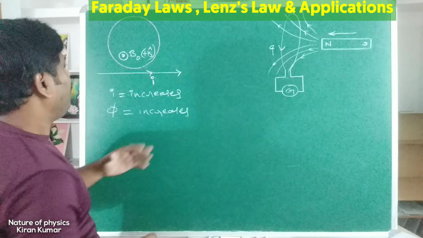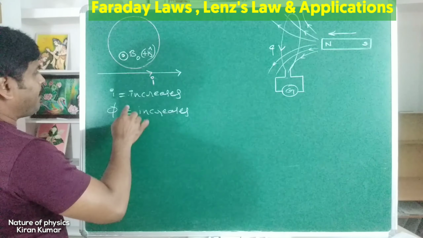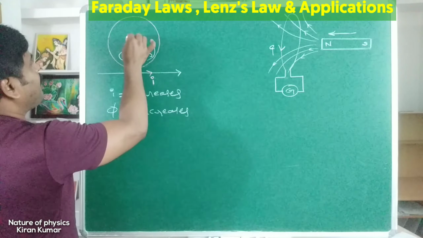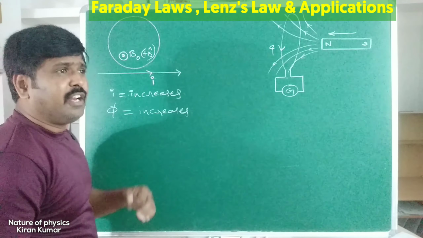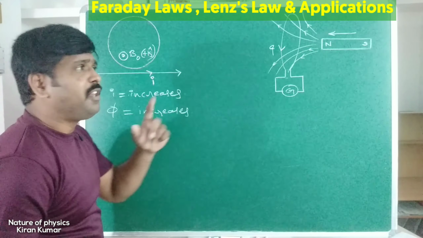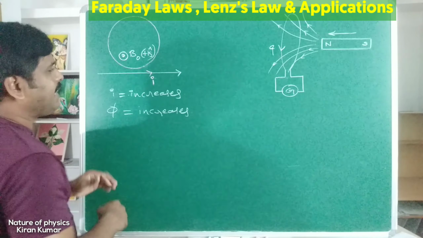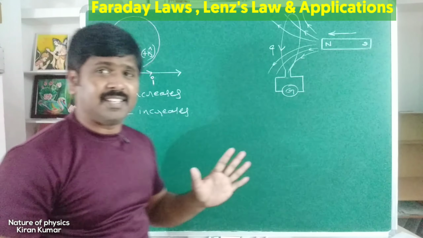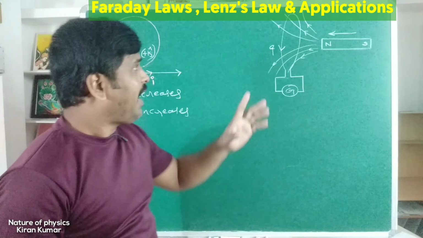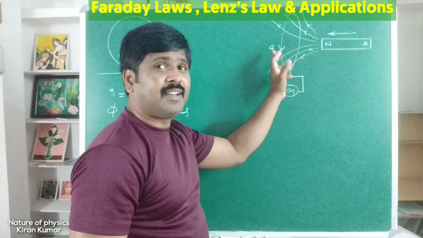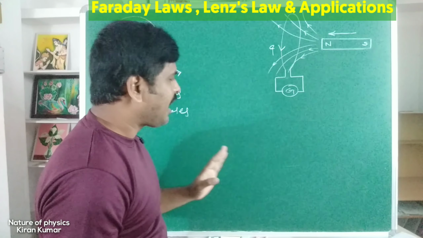Whenever the magnetic flux changes, an EMF is induced in the coil. Due to the induced EMF there is an induced current, and we have to find the direction of that current. First I am taking the north pole entering towards the coil, and the current direction is anti-clockwise.